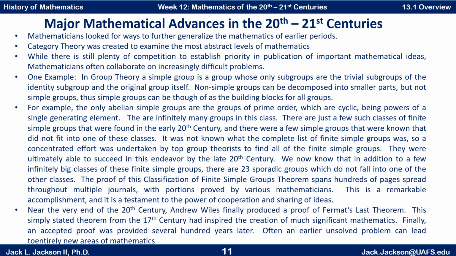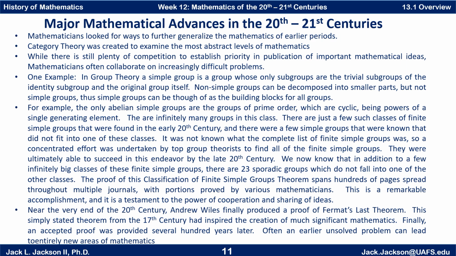But some work had been done on this. Fermat wrote in the margin, "I have a remarkable proof of this," but he never actually provided the proof. Well, this spurred on lots of interest in this problem. Euler had made some progress on proving a couple of cases, but it had sat there and nobody had been able to actually produce a proof of this for a long time.